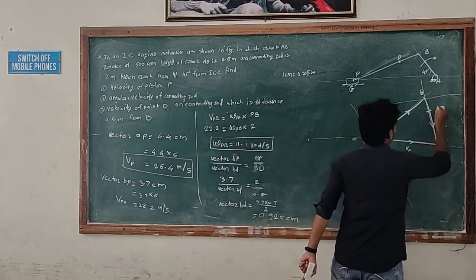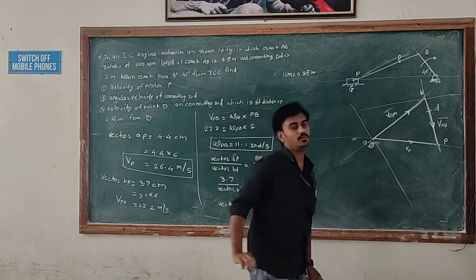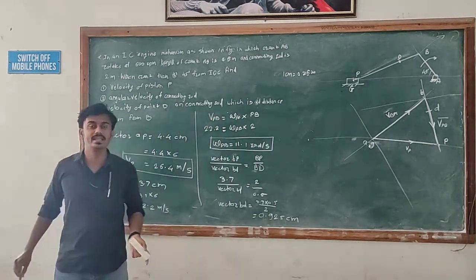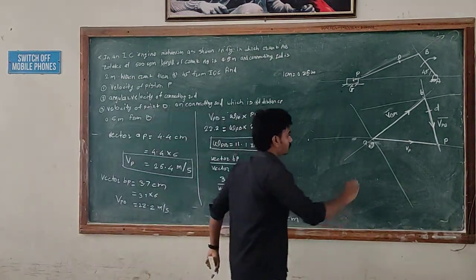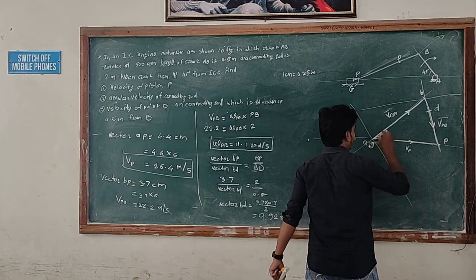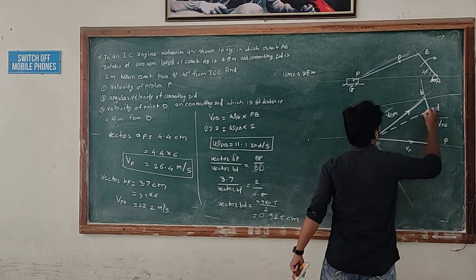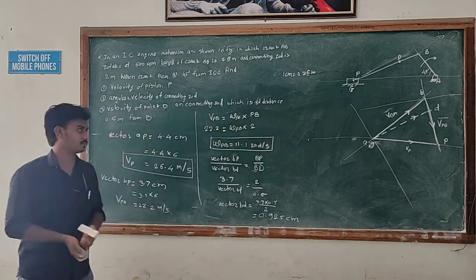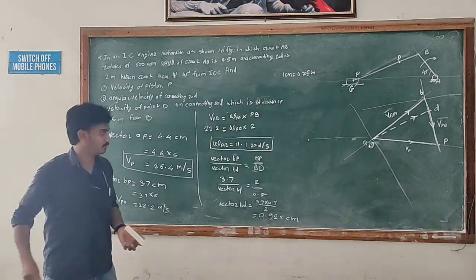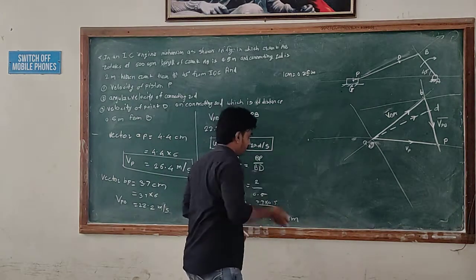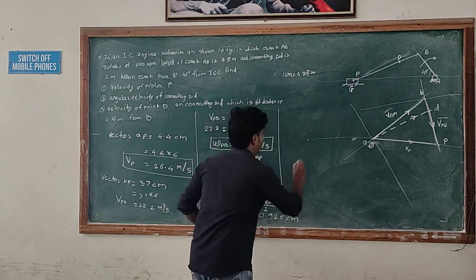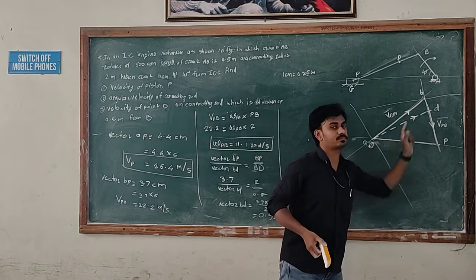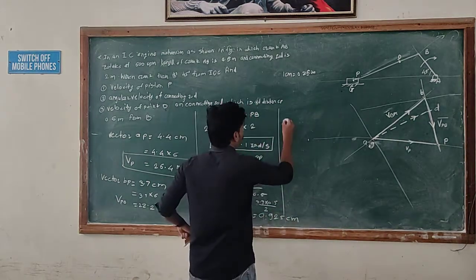You will get this as point D, and then draw the vector AD. Draw the vector AD, and then measure the distance AD.